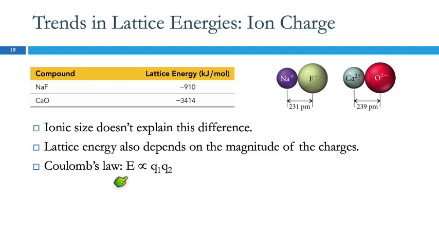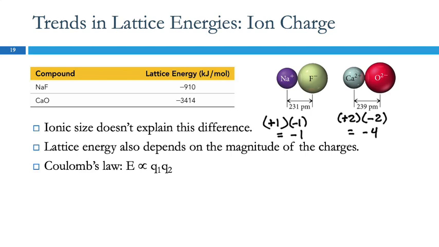Coulomb's law says the energy is proportional to the charge on one times the charge on the other. So for sodium and fluoride, we've got +1 times -1, which equals -1. For calcium oxide, we have +2 times -2, which equals -4.